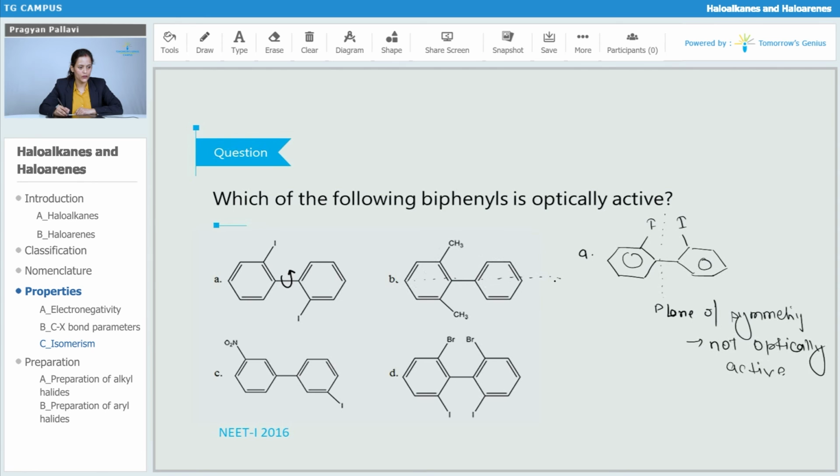Let's write it as POS, plane of symmetry. Because of this, it is also not optically active. Now let's check this one. If we have this plane in this way, this molecule again has a plane of symmetry, so this is also not optically active.